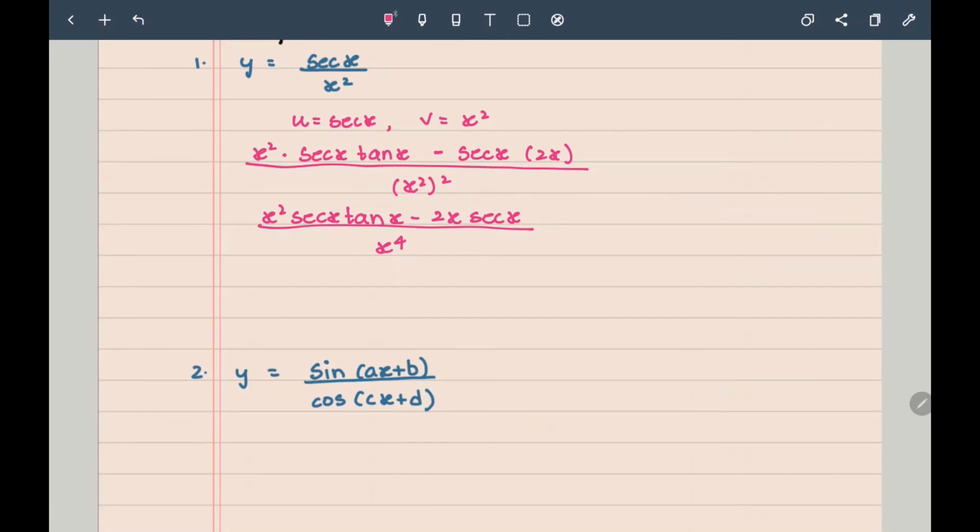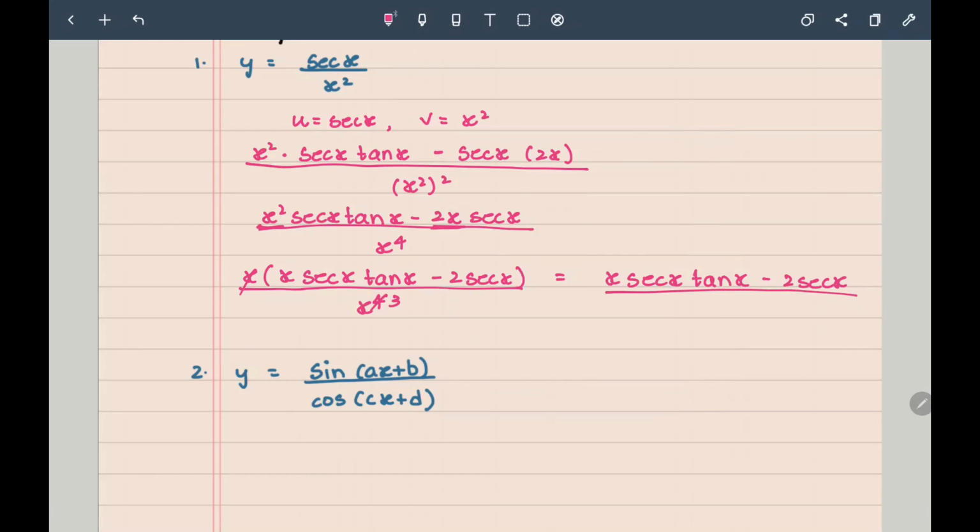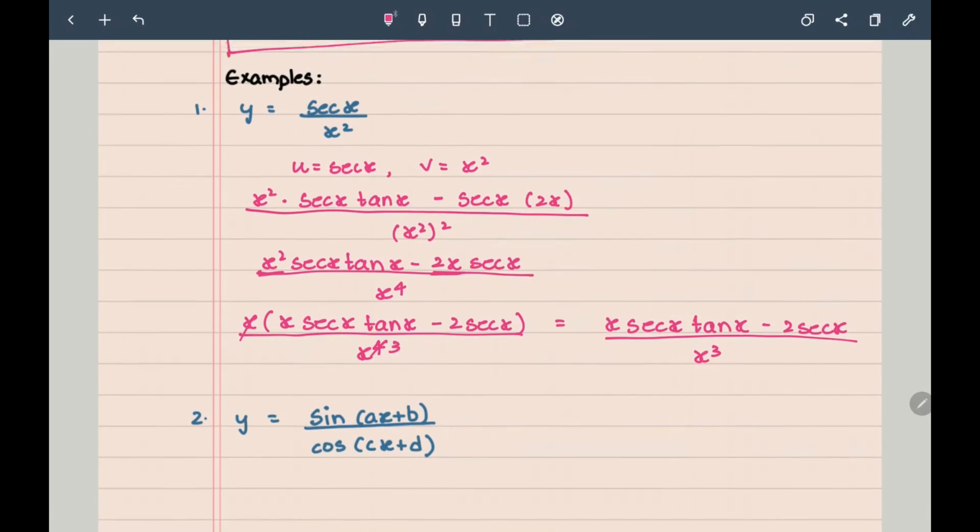By simplification, you can do it another way by taking x common over here and here. x secant x tan x minus 2 secant x divided by x power 4, and you can cancel it. So the answer you will get is x secant x tan x minus 2 secant x divided by x cube. So this is one method.